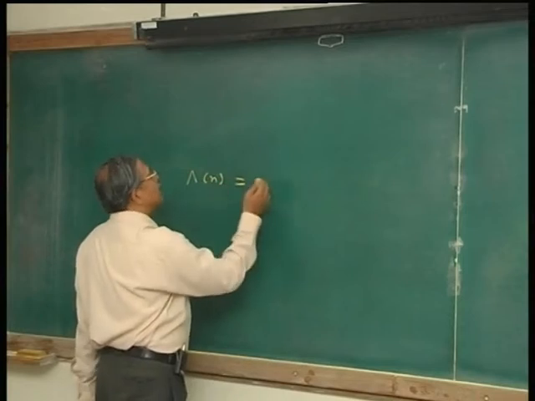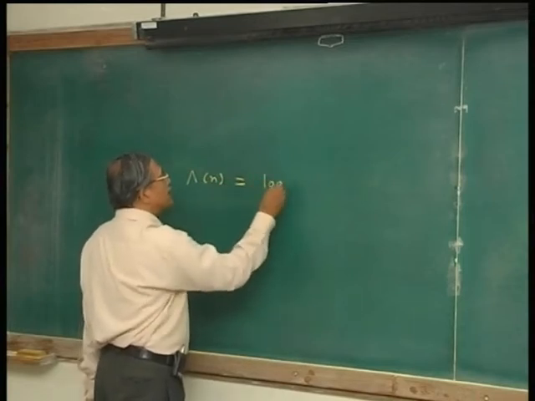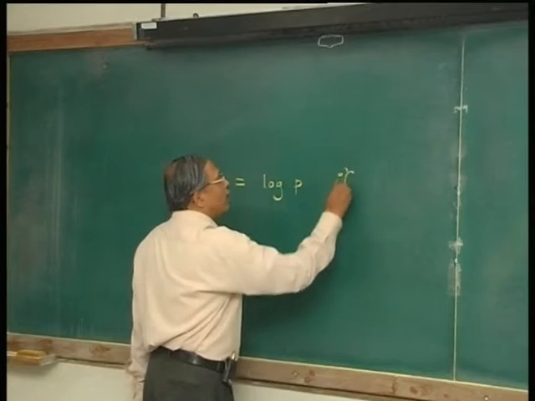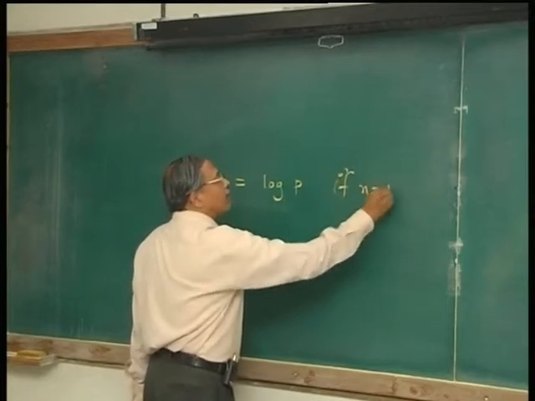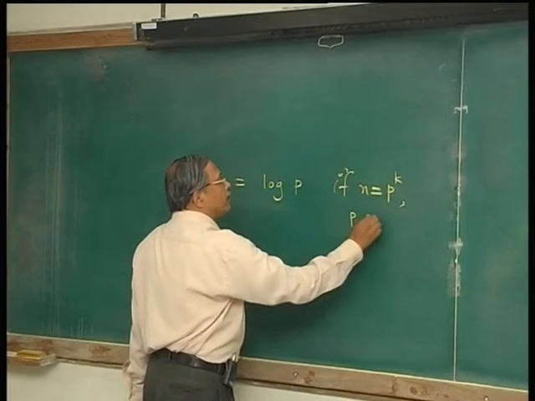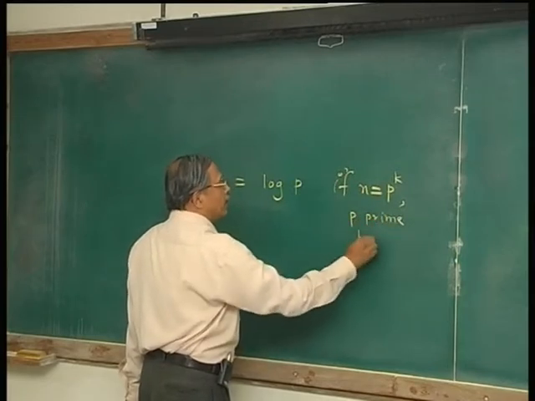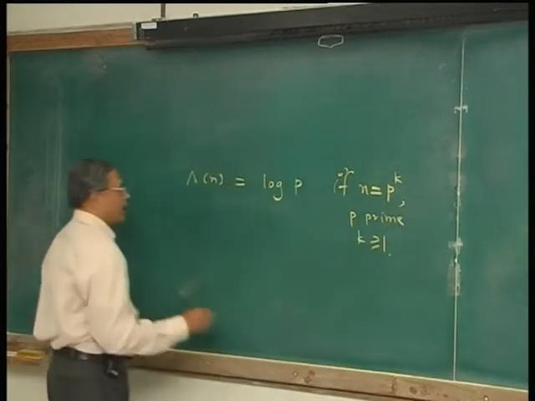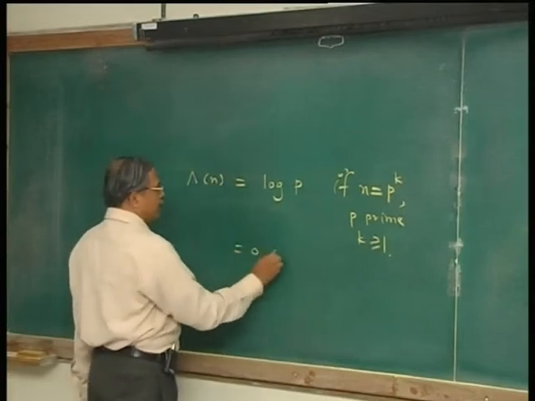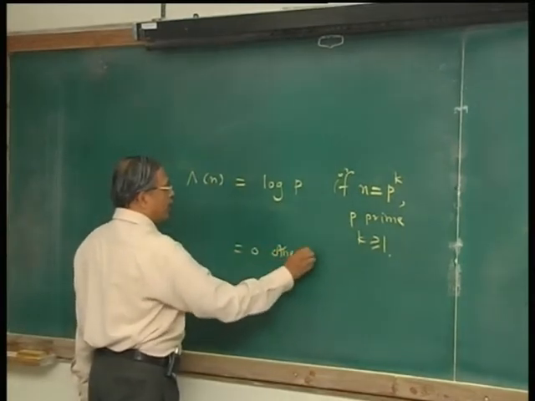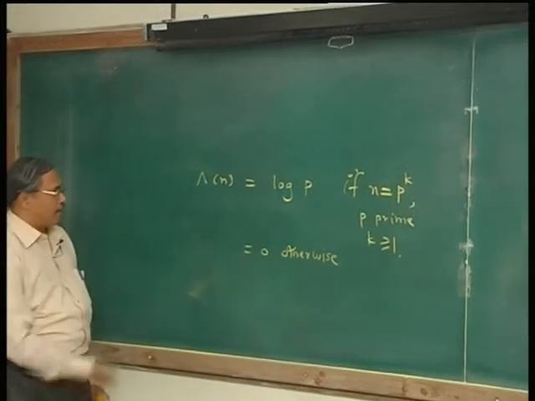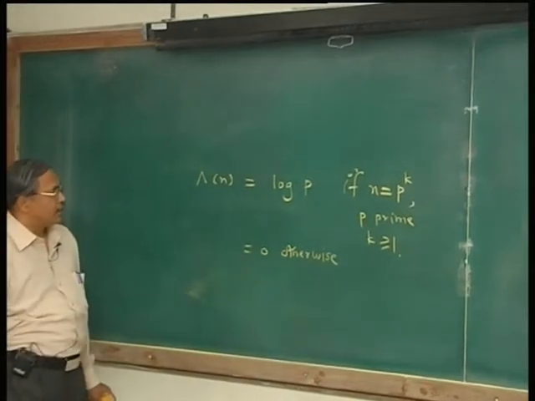If n is a power of a prime, p raised to k, p prime, k bigger or equal 1, then you define it as log of p. And this is defined to be 0 otherwise. So we have an interesting function like this.